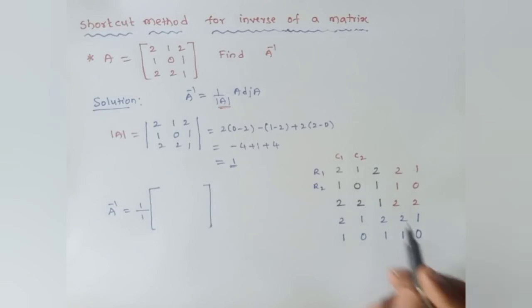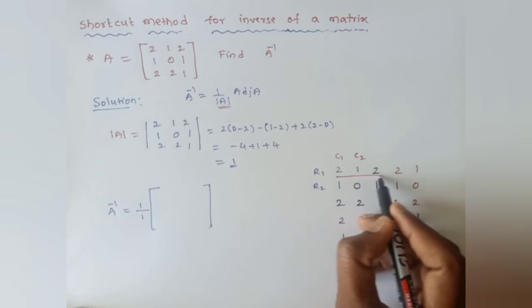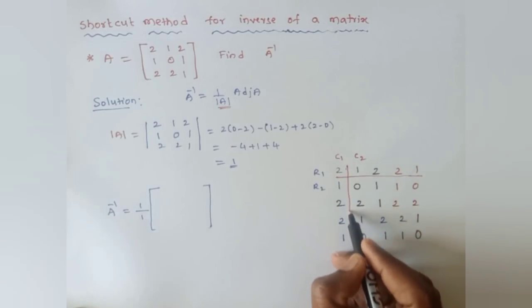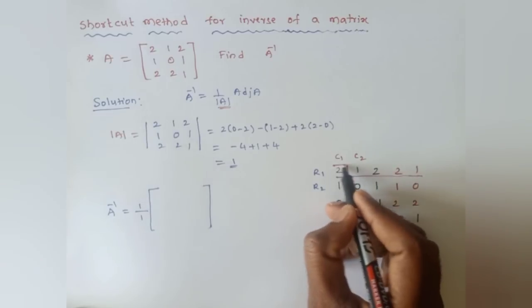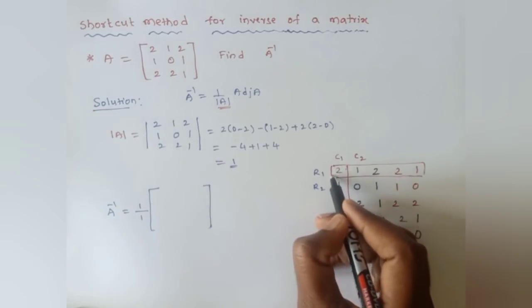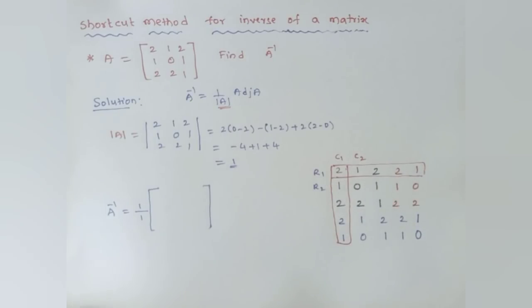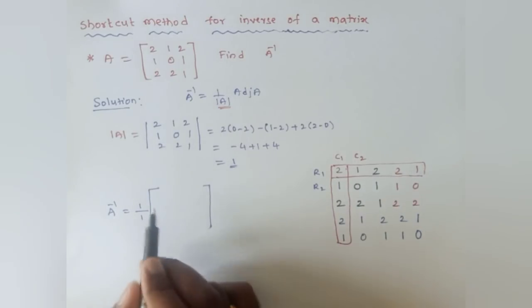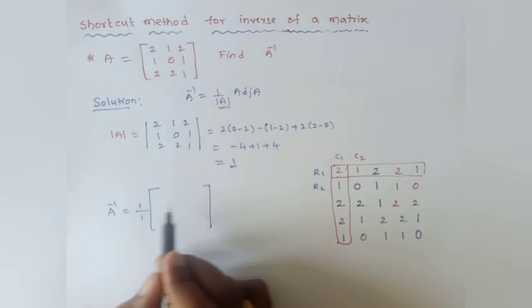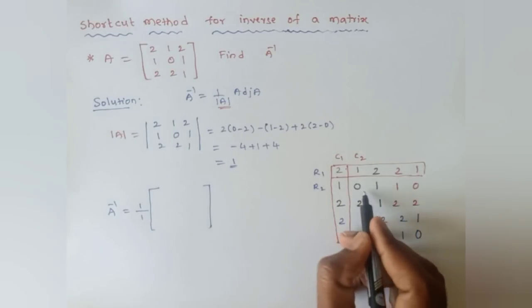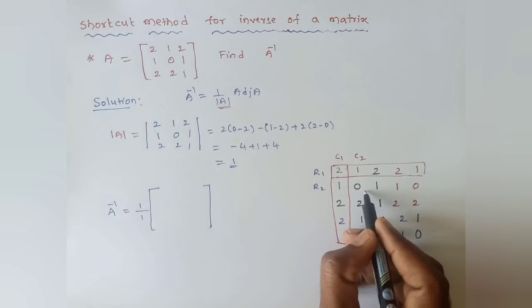Okay, now what you do is delete this row and this column. Next, we need to find the row wise elements. There are 2 by 2 determinants here.